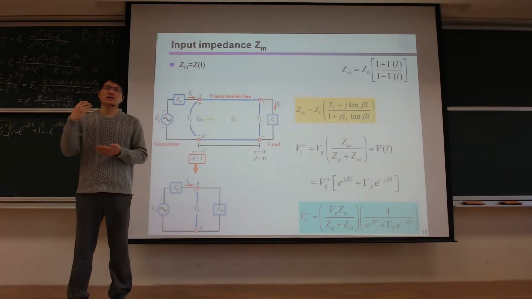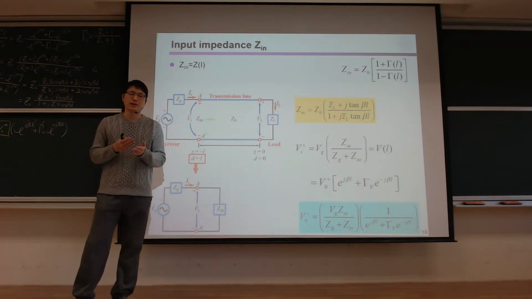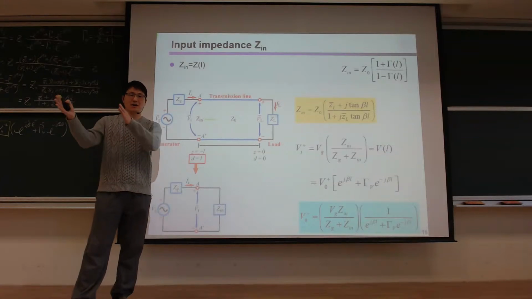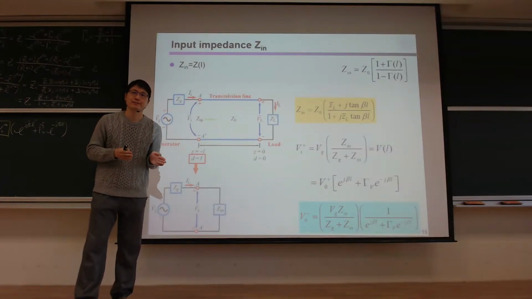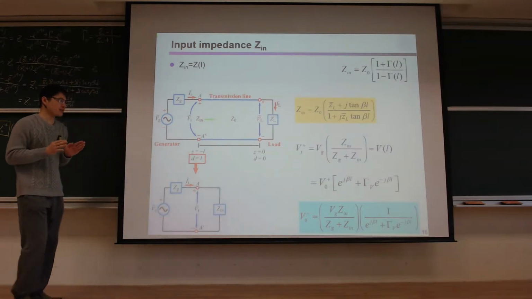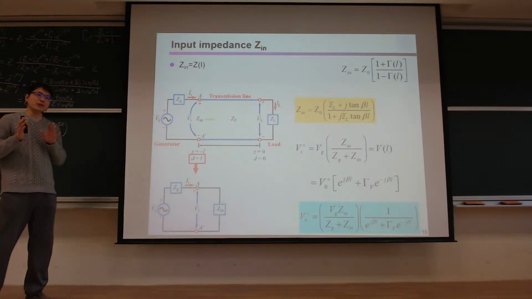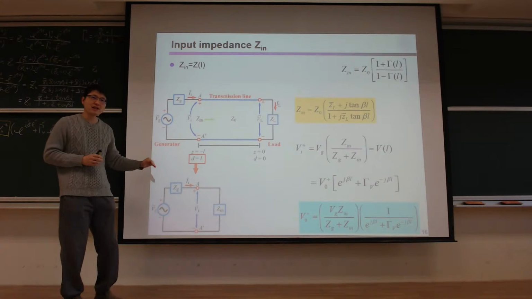And once we provide you the connected load impedance, basically you know everything. You know the voltage and current as a function of space on the transmission line everywhere. Okay, so everything can be solved. So you understand what's going on in the transmission line. So that's a quick summary of the mathematical derivation.